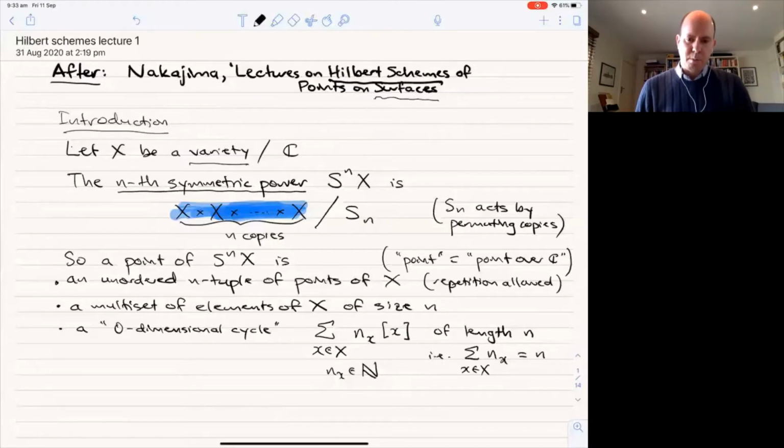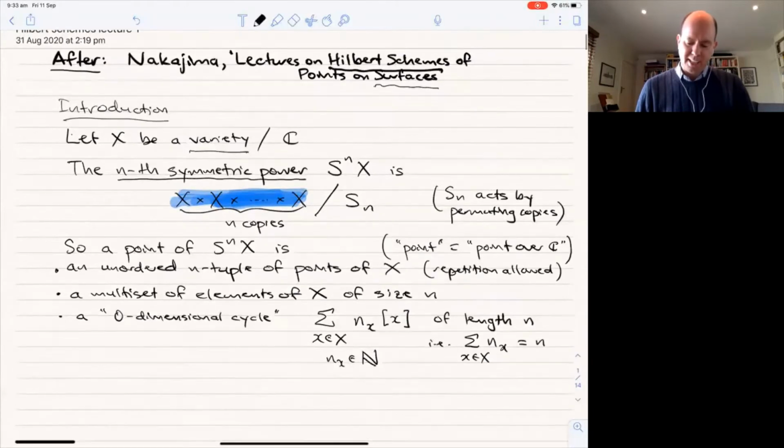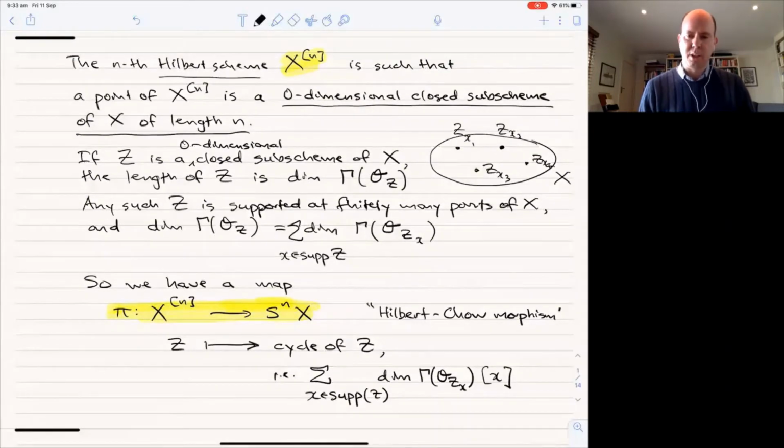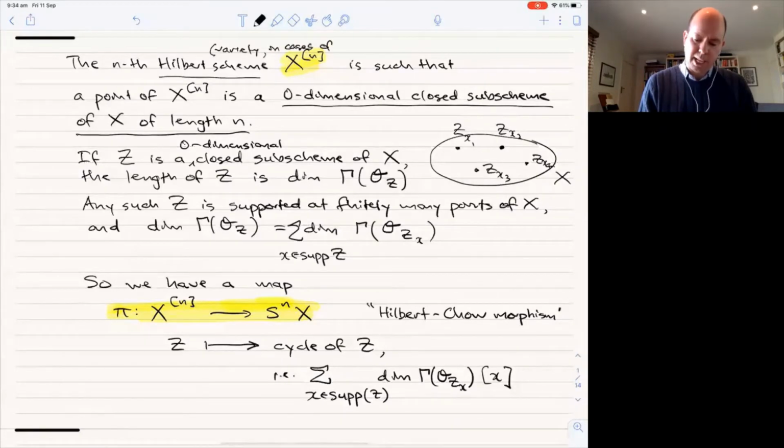And we're going to see later on that in that case, the Hilbert scheme, so-called, is actually also a variety. So it really could be called the Hilbert variety. So this is going to be a variety in the cases of interest.